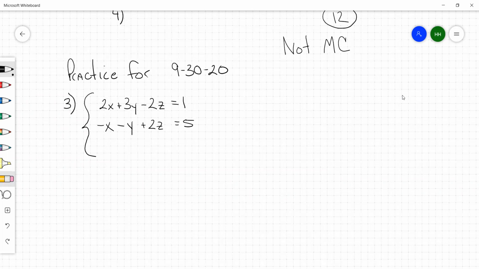Three x plus 2y minus 3z equals negative 6. Call this one 13.